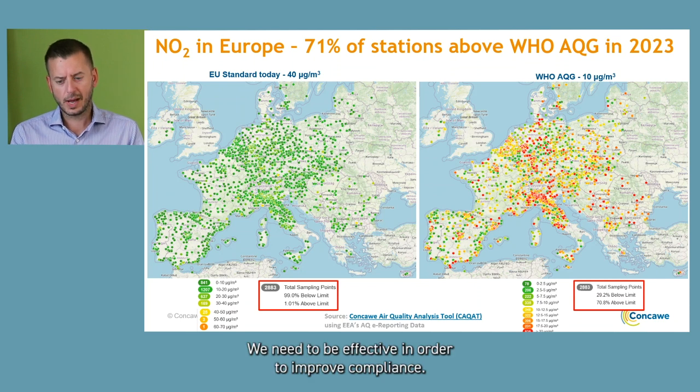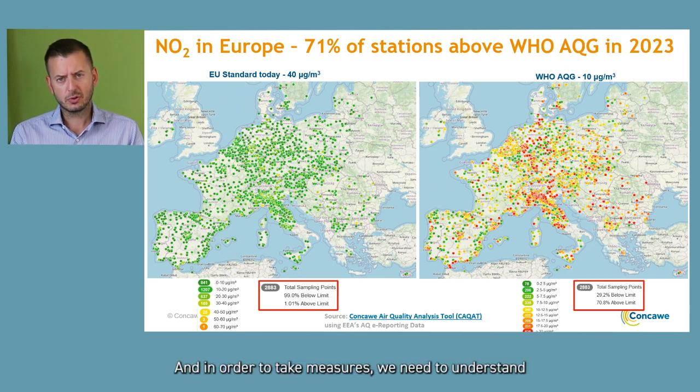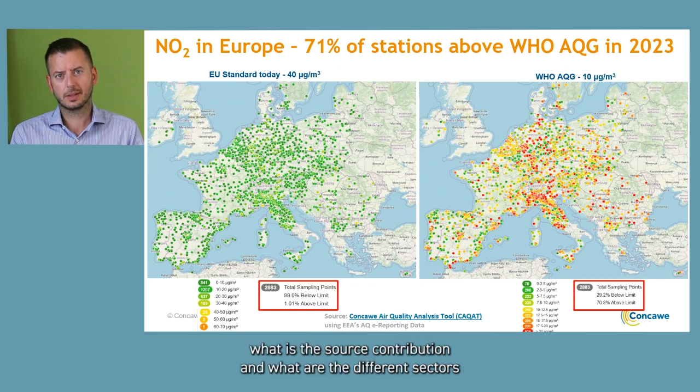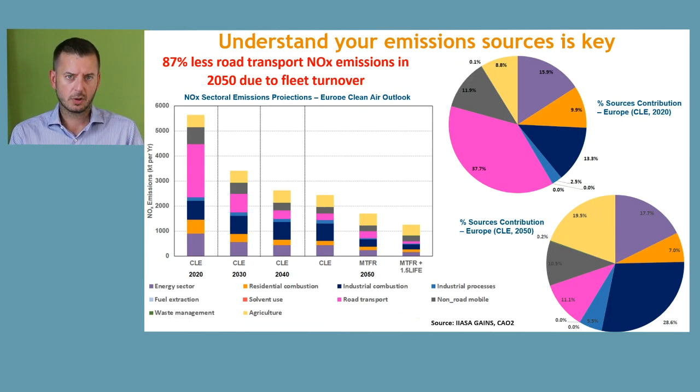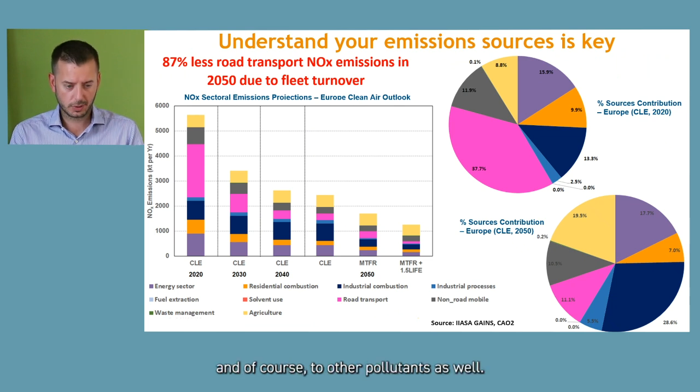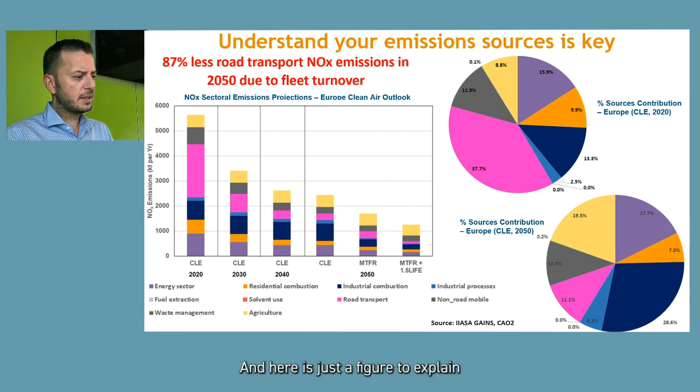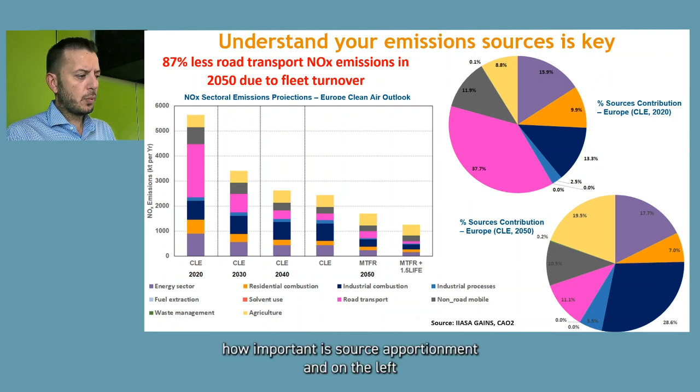in order to improve compliance, and in order to take measures we need to understand the source contributions, and what the different sectors contributing to NO₂ concentrations are, and of course to other pollutants as well. Here is a figure to explain how important source apportionment is.